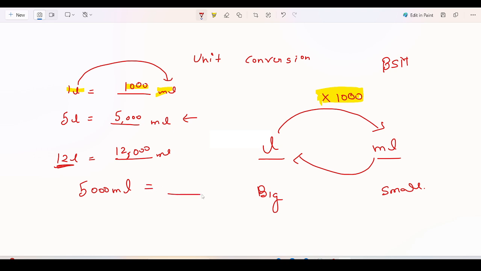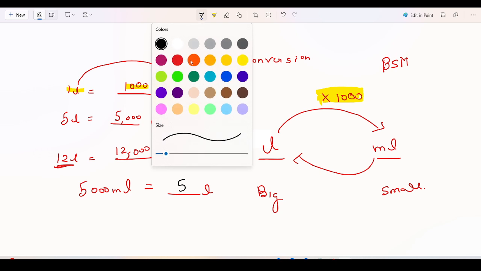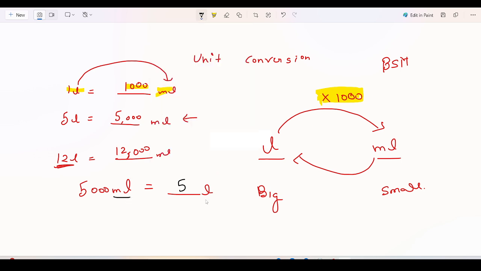and I ask you how many liters are there in 5000 milliliters. What would be your answer? Five. This is milliliter and this is liter.